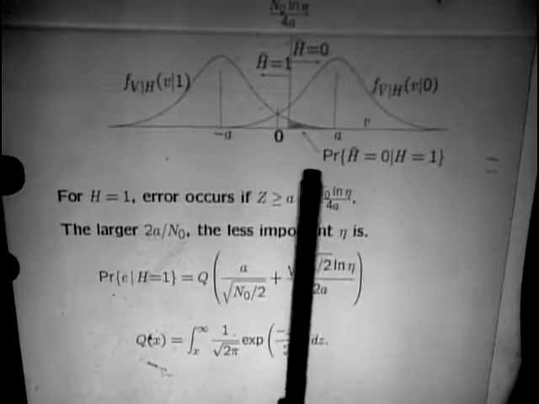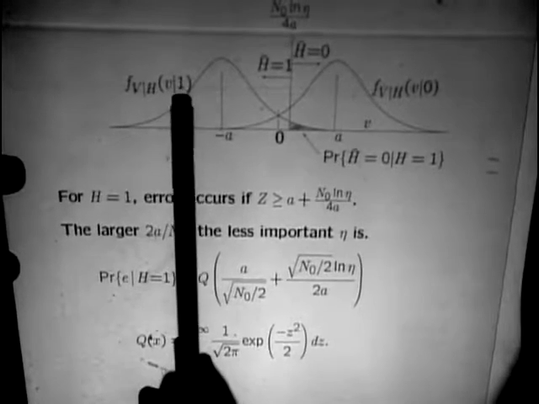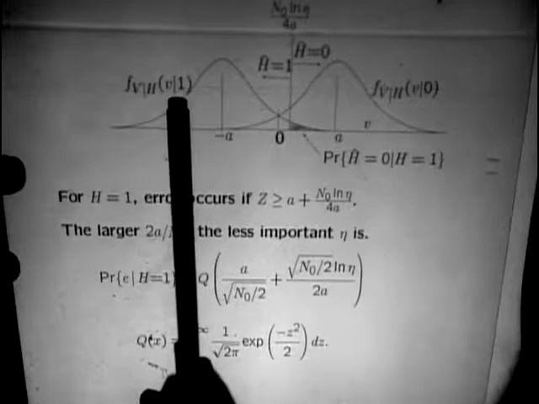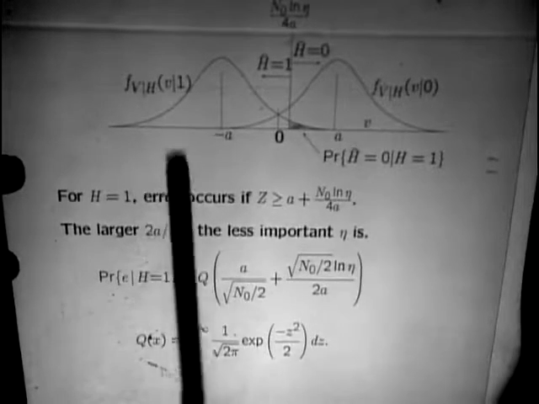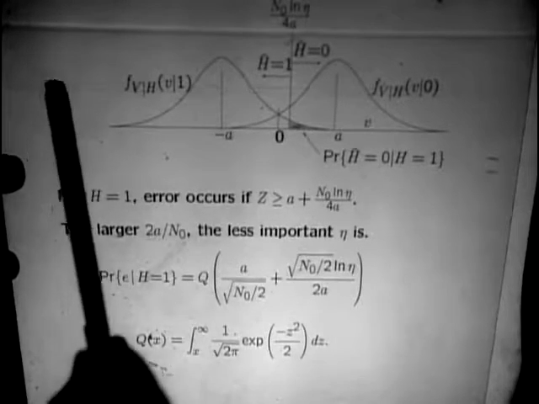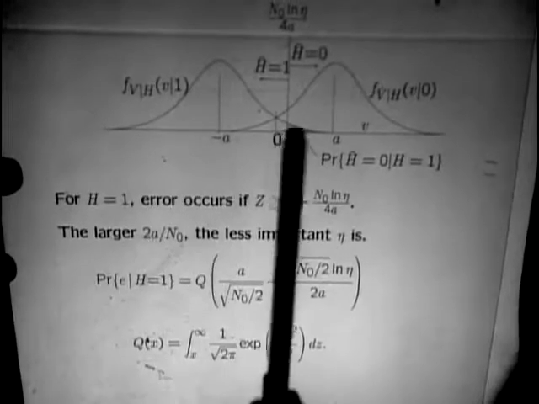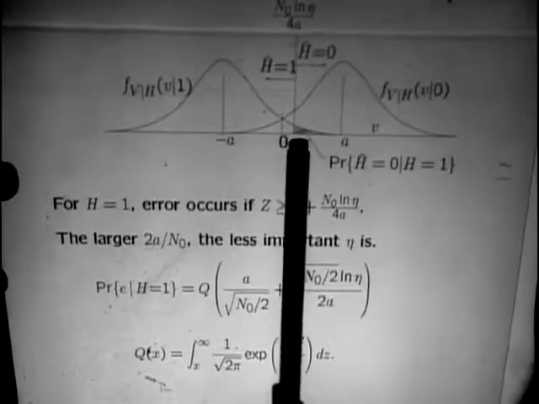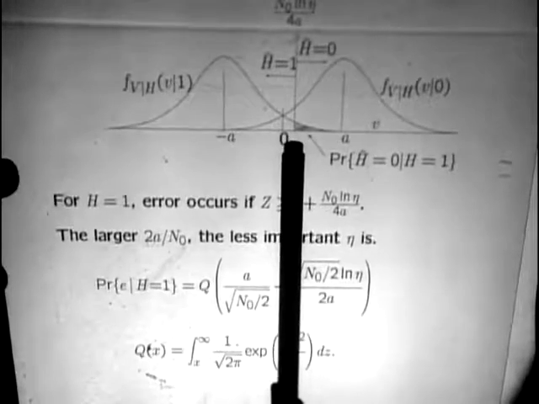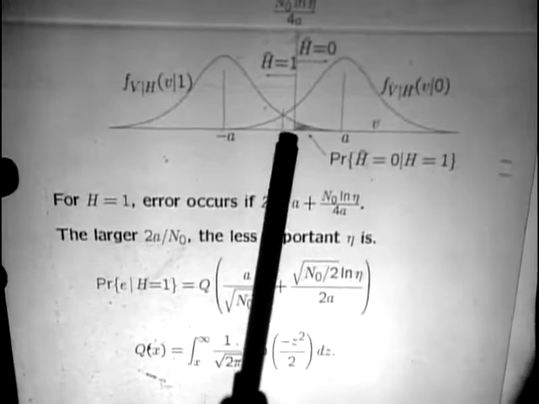So here's the threshold. Here's the density when h equals 1 is the correct hypothesis. The probability of error is the probability that when I send 1, the observation is going to be a random variable with this probability density, and if it's a wild case and I get an enormous value of noise, positive noise, the noise is going to push me over that threshold there.